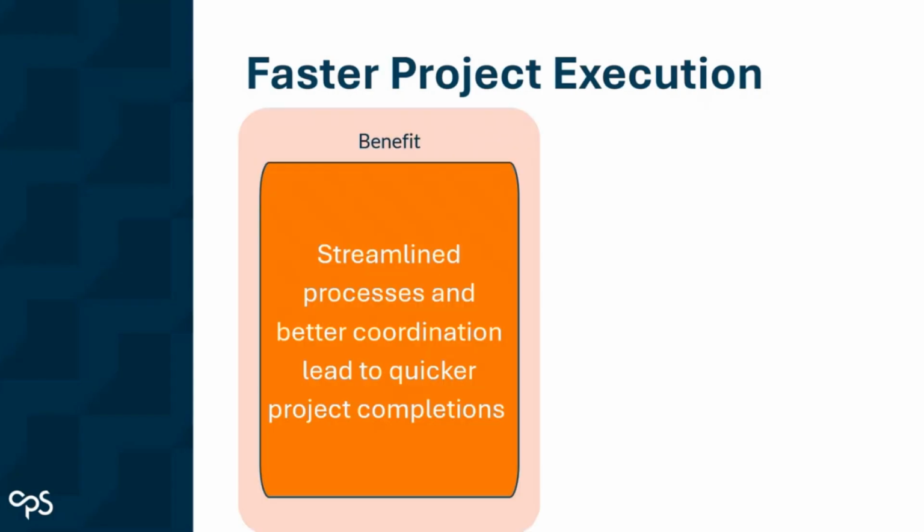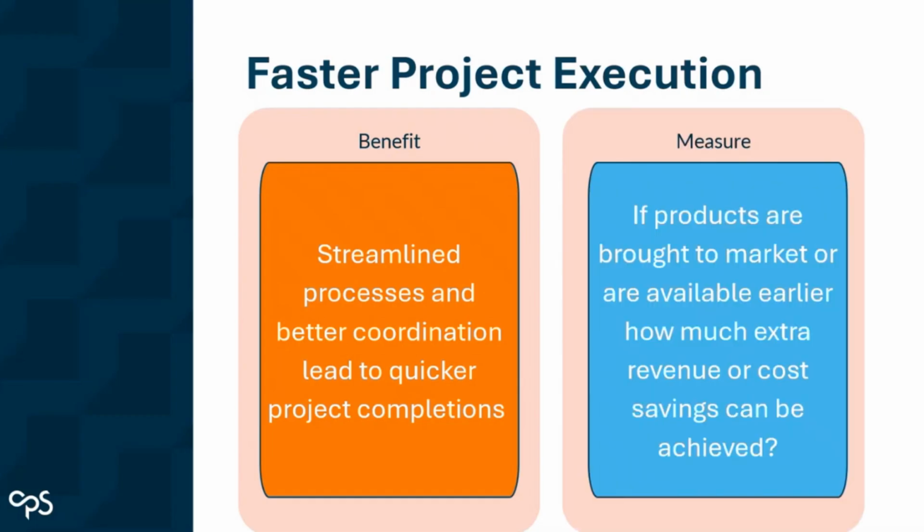Okay, faster project execution. Clearly, if you can plan better and coordinate better, use your resources better, use your cost profile better, you can get projects delivered quicker. Products brought to market quicker are obviously going to earn more revenue. Changes made so that things are more efficient or implemented so that we do things quicker, you're going to save cost.